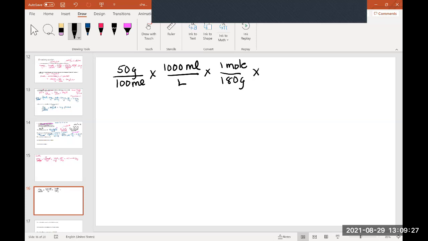And because we're playing with water, for every liter of water, it has a mass of 1 kilogram. Units cancel. I just multiply and divide. And now I'm left for glucose. I get 2.8 moles for every kilogram of solvent.